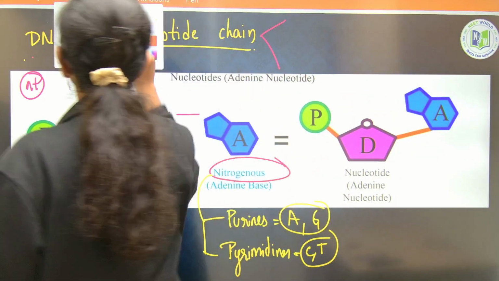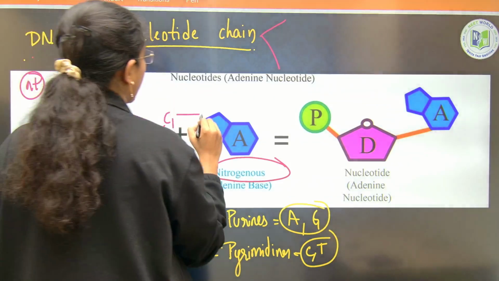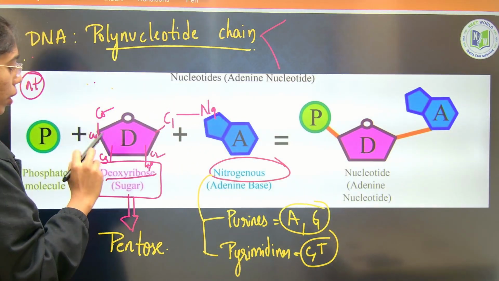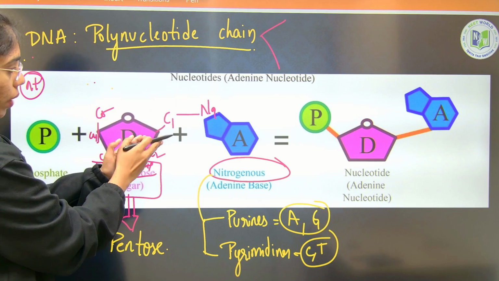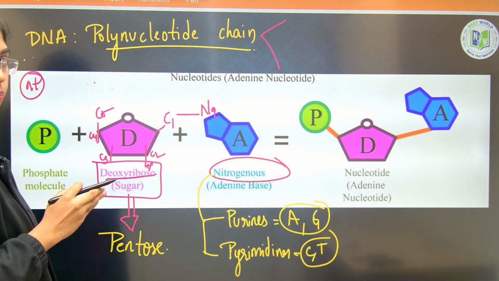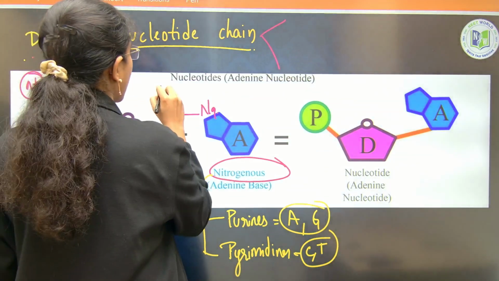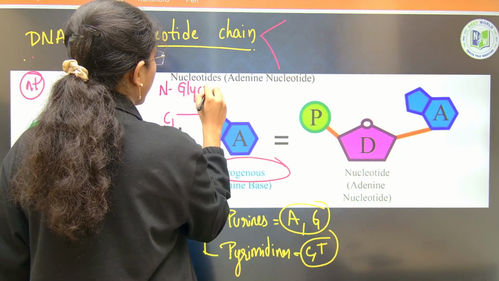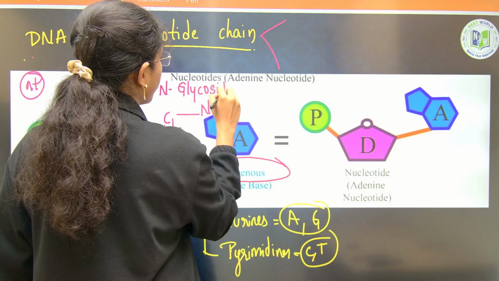So the link is between C1 of the sugar and N9 of the purine, which forms a glycosidic bond. Carbon 1 of the sugar is bound to N9 of the nitrogenous base, which is an N-glycosidic bond.